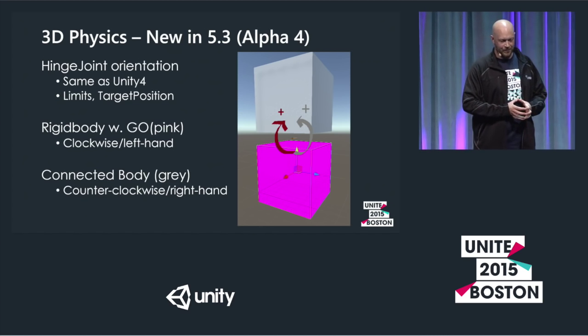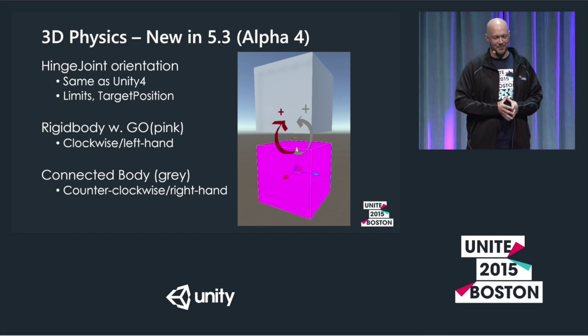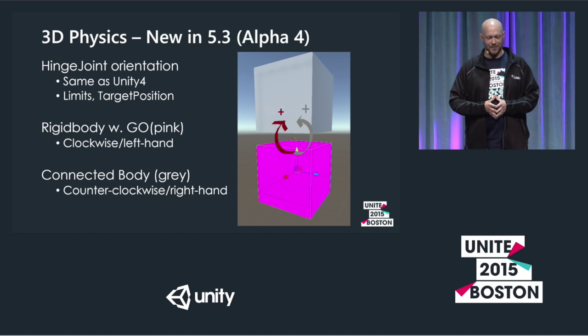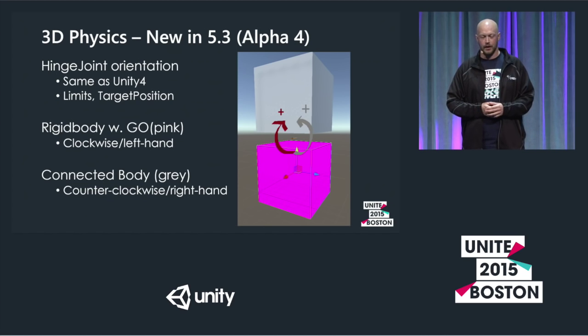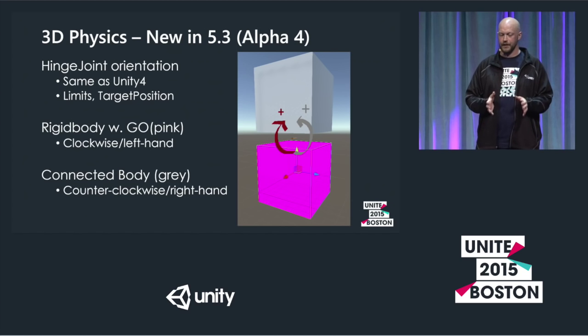Hinge joints. They are so simple, aren't they? Oh, yes. People have been asking me over the past 2 days here on the show floor if the target velocity of the hinge joints would be updated, and I can tell you they are fixed now.